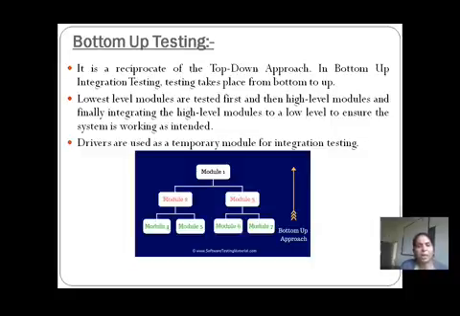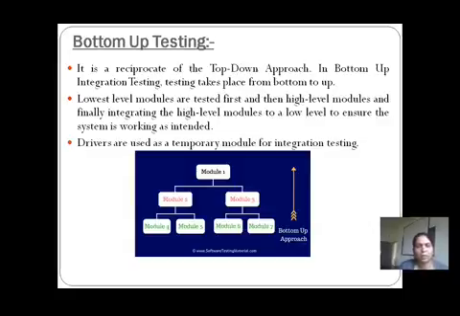When we consider an organization, it has different levels: top level management, middle level management, and operational level management. So how is testing done in bottom-up integration? From the operational level to the middle level and then the top level. According to that way, we generate the testing approaches to test an application, or any software.